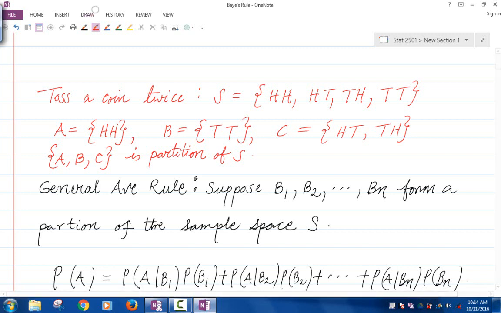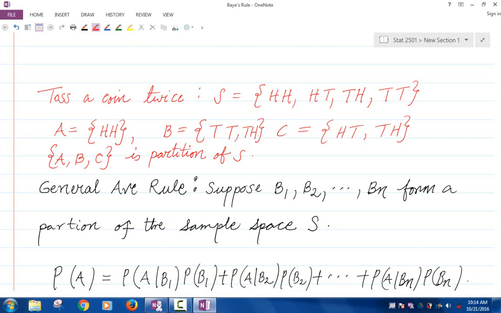Now, let's say I change B by writing TH here. Okay, is A, B, C a partition anymore? If I change B, now B has TH as well.